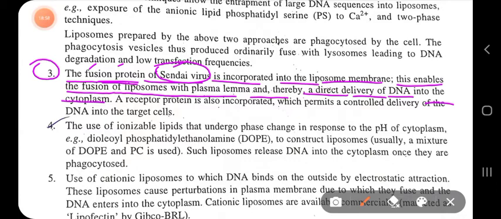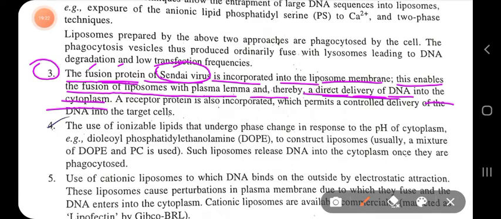In phagocytosis we form an endosome, right? This will not occur here. The plasma membrane will fully interact with these liposomes and it will fuse. The lipids found within the liposomes will totally fuse with the plasma membrane, or you can say plasma lemma, and directly your DNA will be delivered into the cytoplasm.